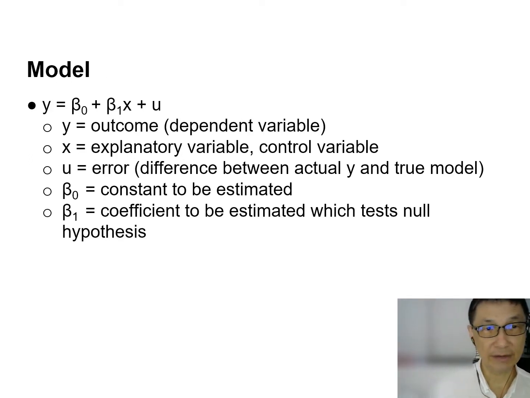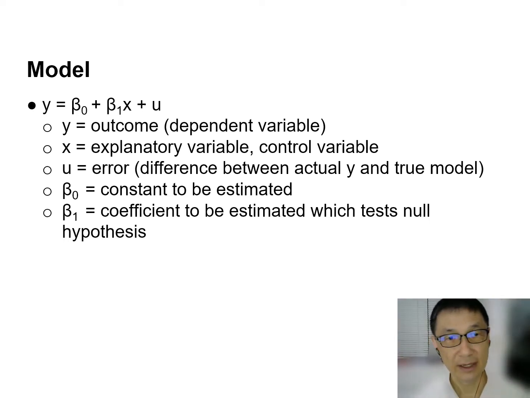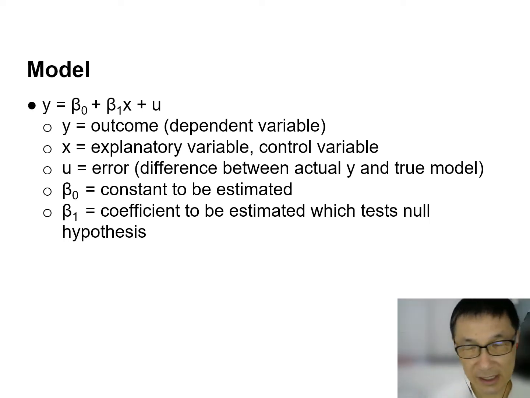Based on the theory, we set up an estimation model, which is a formal description of the relationship between the explanatory variable, what we think affects some outcome, and the outcome.